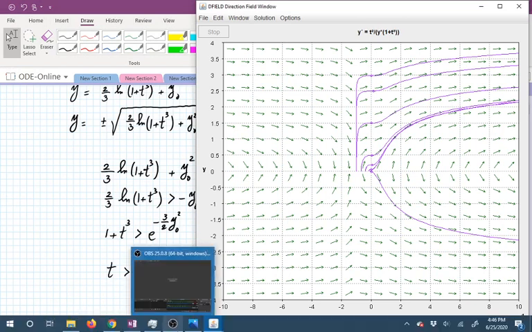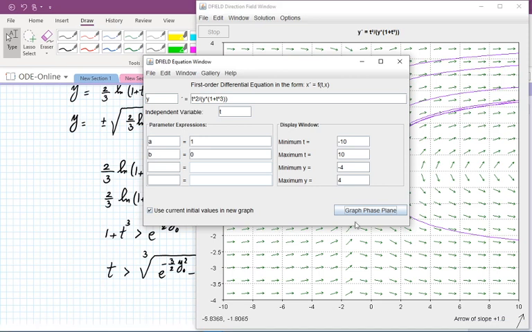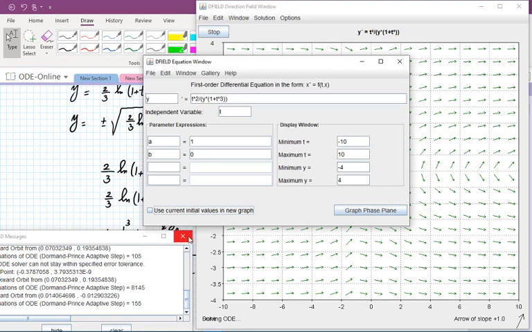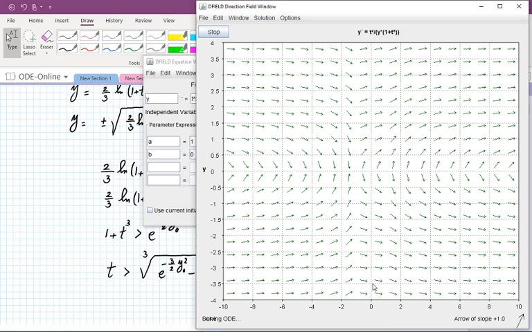So let me erase everything so that we are... okay, suppose y0 is equal to 1. y0 equal to 1 would be here. I know most of the solution is going to be pointing to the right side, but there's a little hook on the left, and the question is how far back does it go?